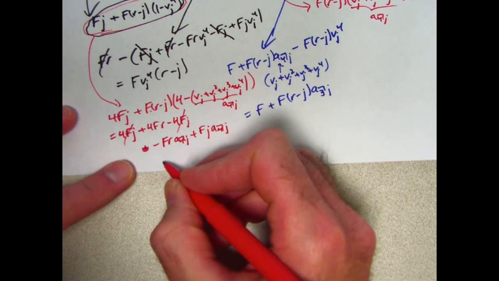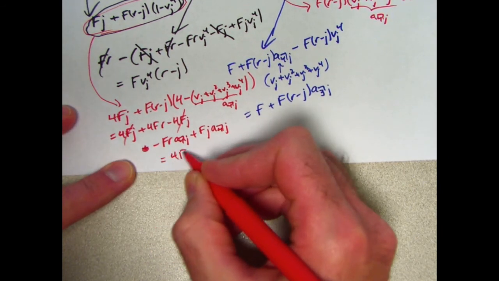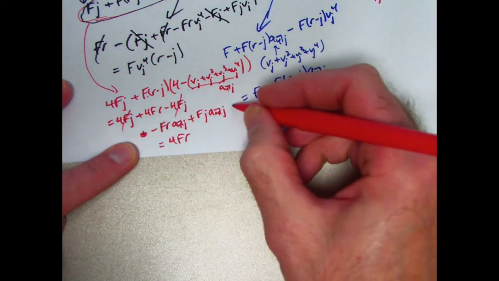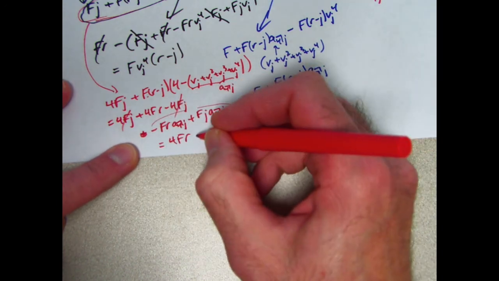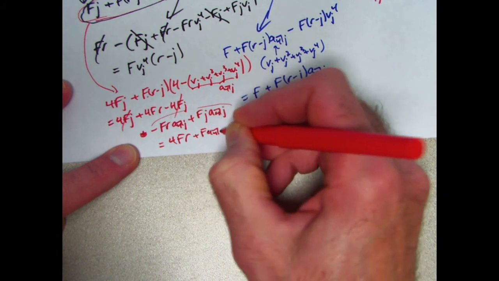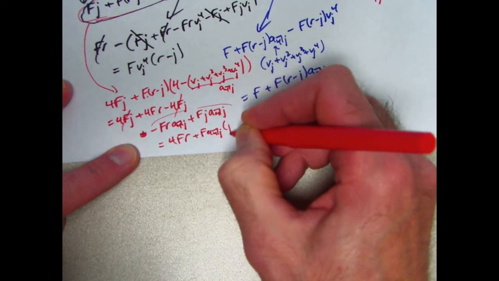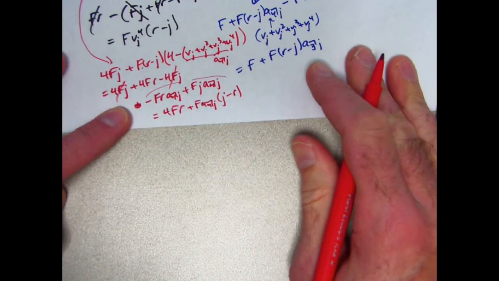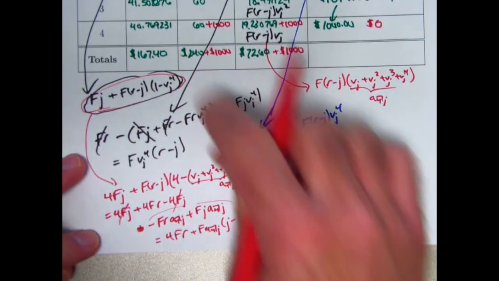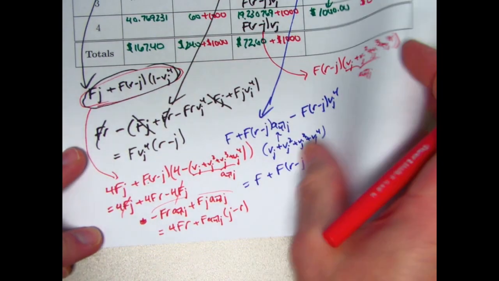So this can be rewritten as 4fr. Looking at these two terms here, I can factor out an f and an a4 and be left with j minus r, which is going to be a negative quantity here. Let's go ahead and use the calculator now to confirm that this gives us 167.40.